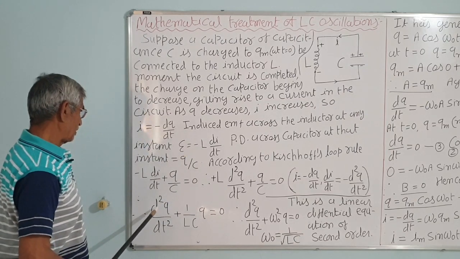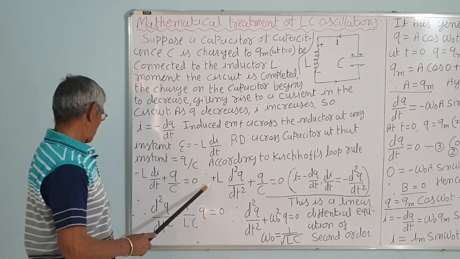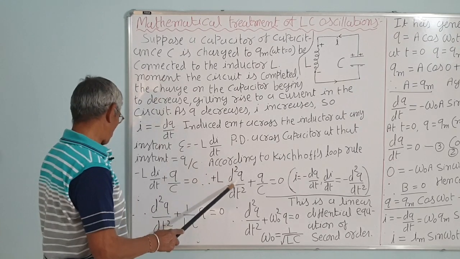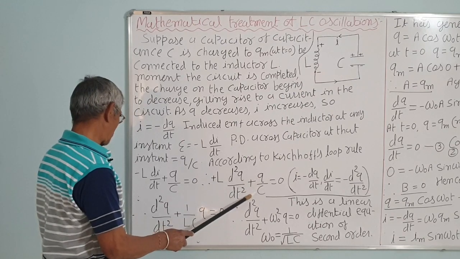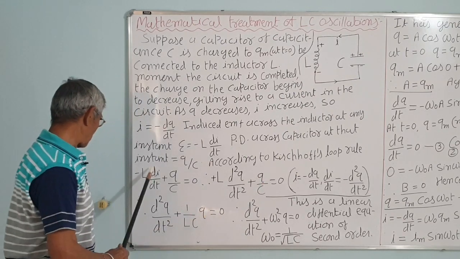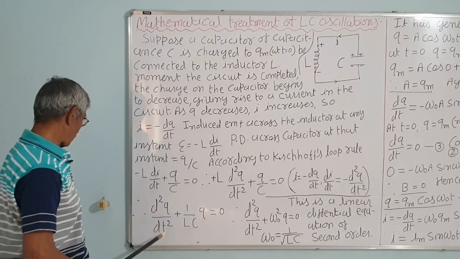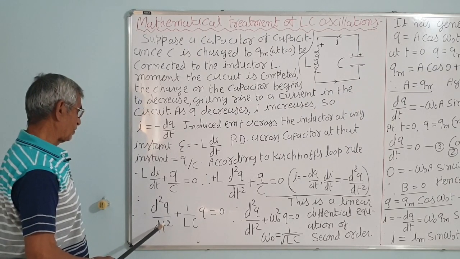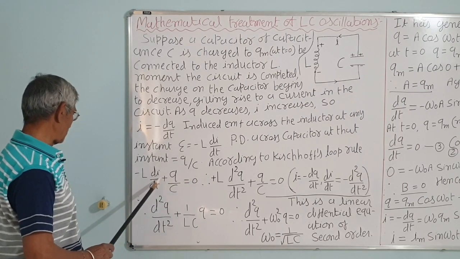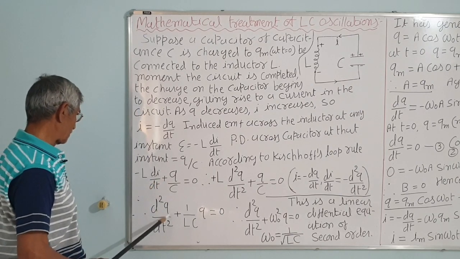Therefore, plus d square Q upon dt square plus Q by C is equal to 0. You can take d square Q upon dt square from here also, because according to Lenz's law, when one increases the other decreases, so that is a plus.